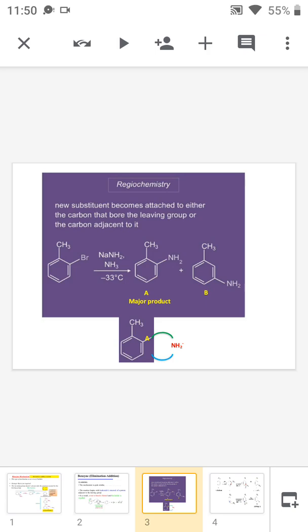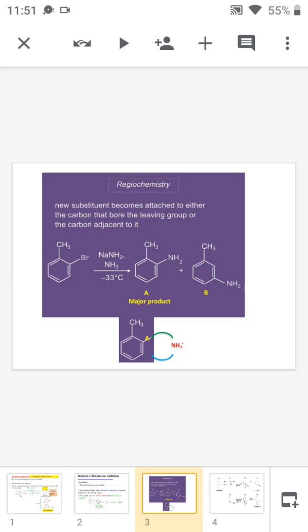The benzyne intermediate is very reactive, so the base NH2 minus can attack the benzyne intermediate either through the ortho position of the methyl group or through the meta position of the methyl group.